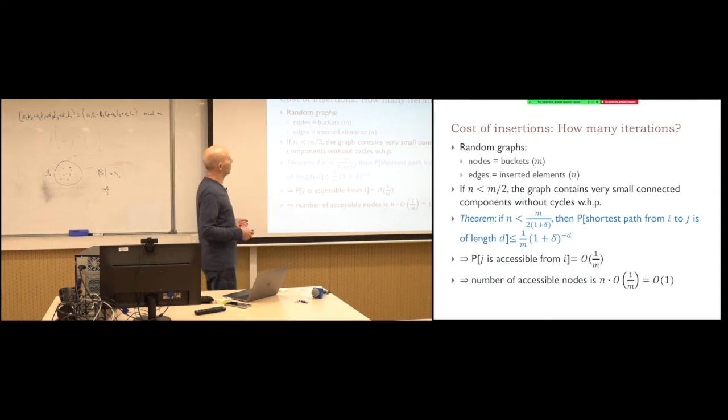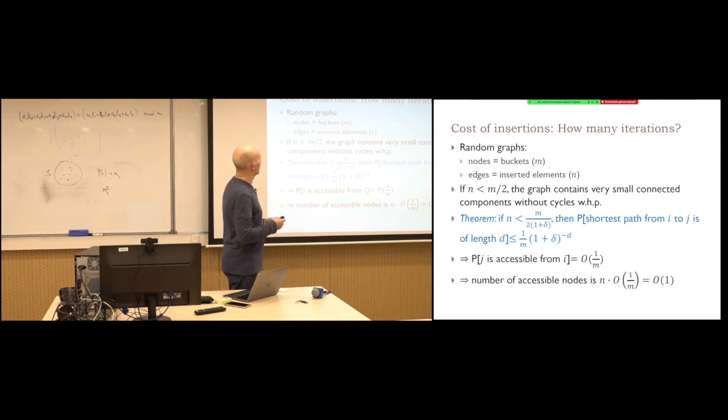If you know, for example, Erdős-Rényi random graphs, then you know this phenomenon of phase transition. If the number of edges is half the number of nodes, then we have a phase transition. Below the phase transition, the connected components will be very small, and actually loops will be very rare. So this is roughly what happens in random graphs, and this is what happens here in cuckoo graphs.